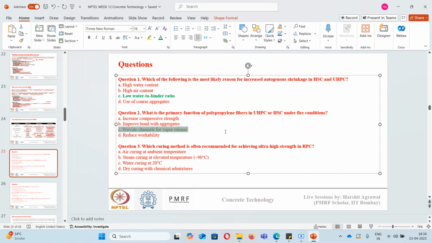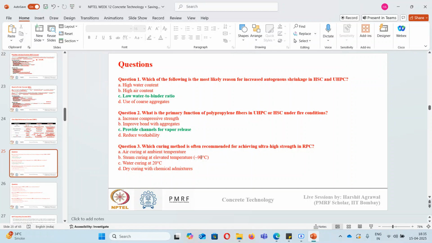This becomes a very crucial feature for fire resistant high strength concrete. That's why polypropylene fiber is specially mentioned. They have a very low melting point, so they melt even at a temperature of 160 degrees Celsius, and when they melt, they create the channel for vapor release. Okay, so that is how we can improve the fire resistance property.